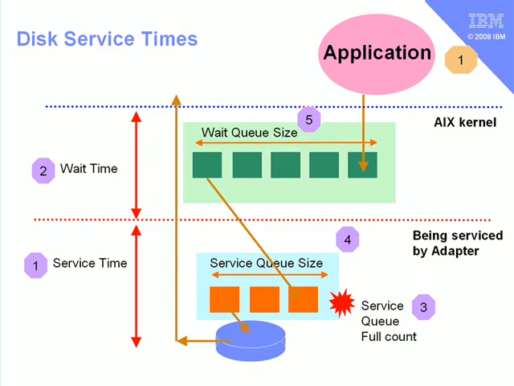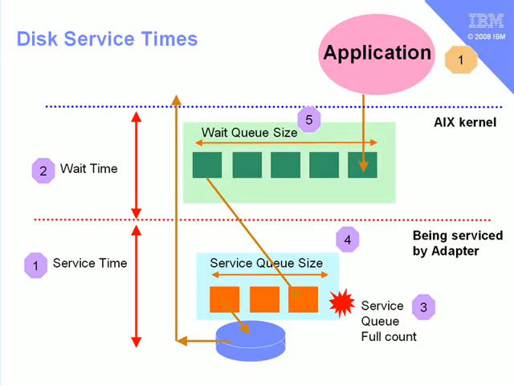If we keep pushing things in, the adapter can take a certain number of things in its service queue, but once that limited size is full, it can't take any further requests, and so that's when we increment the service queue full count. At that point, if the AIX kernel is getting more requests for I/O to this adapter and disk, it will actually have to save them up in the wait queue inside the AIX kernel, waiting for the adapter to have some space available for another thing in its queue.